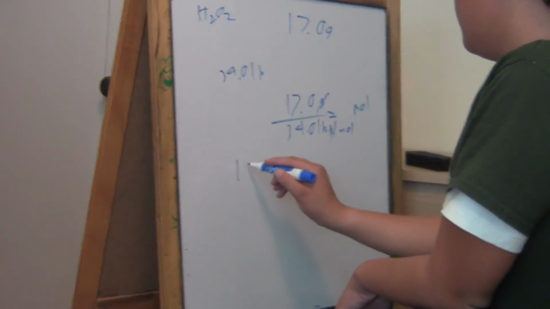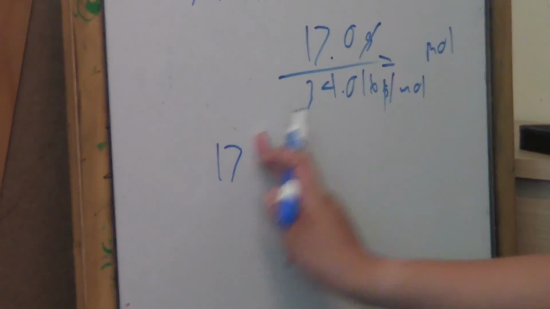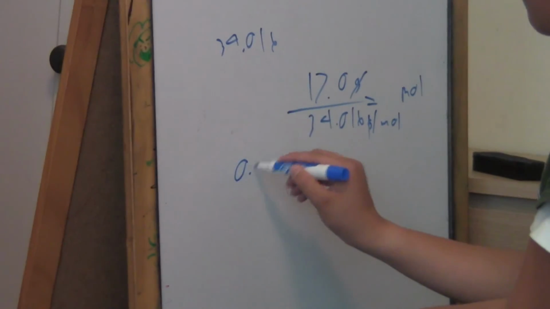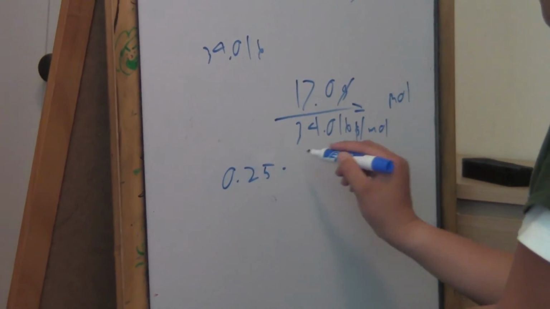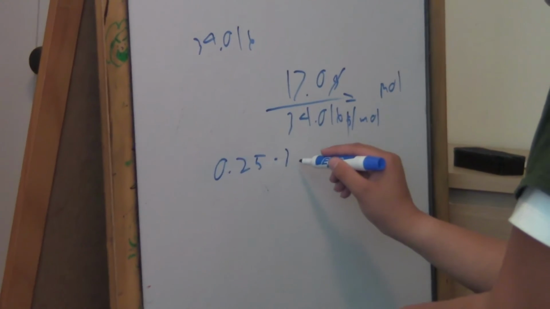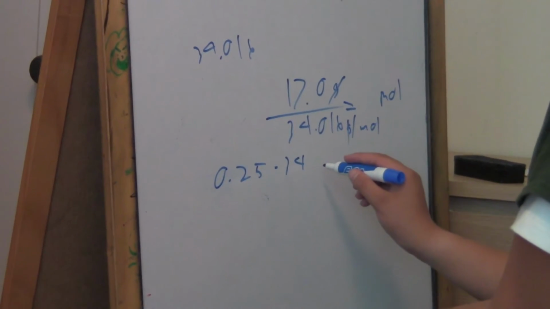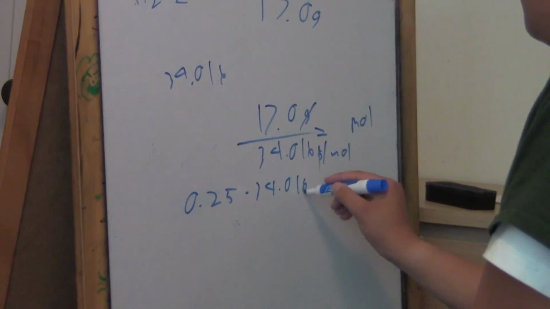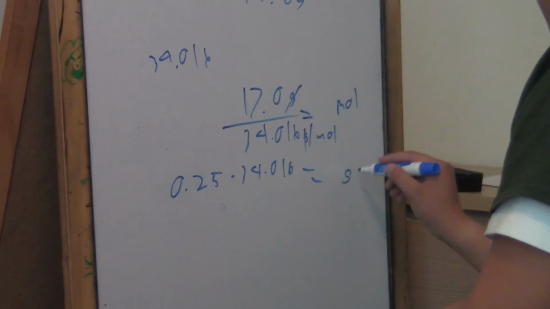You just take whatever molar mass you have, take whatever amount of moles you have, and you multiply them by the molar mass, and then ta-da! You got yourself your grams. Oh yeah, by the way, this is not the answer to this. It's for you to do.